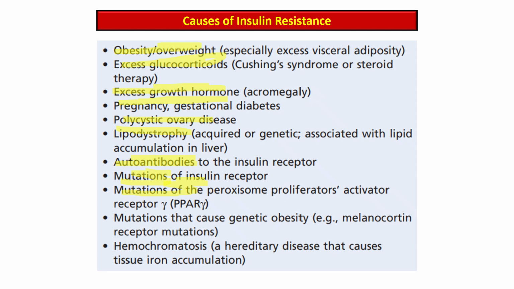Then there are mutations that cause genetic obesity, such as melanocortin receptor mutations. Hemochromatosis is also one of the causes. So this hemochromatosis is a hereditary disease that causes iron buildup in the tissue.